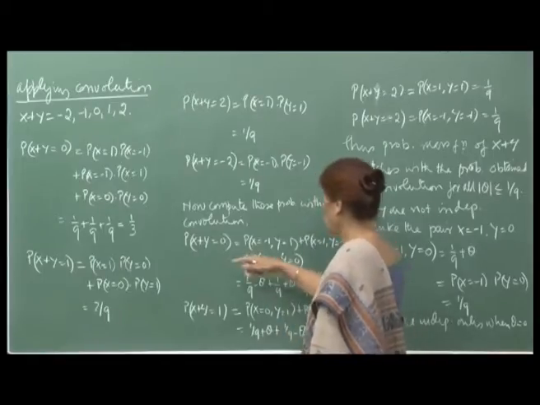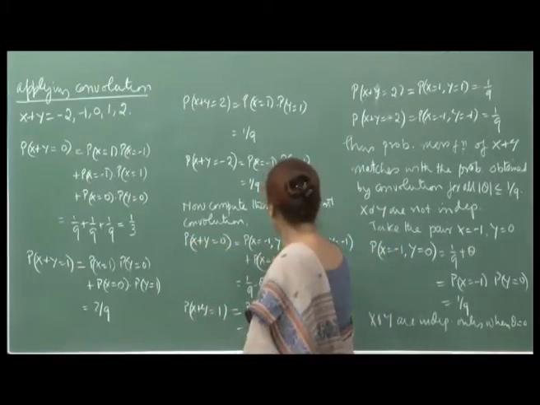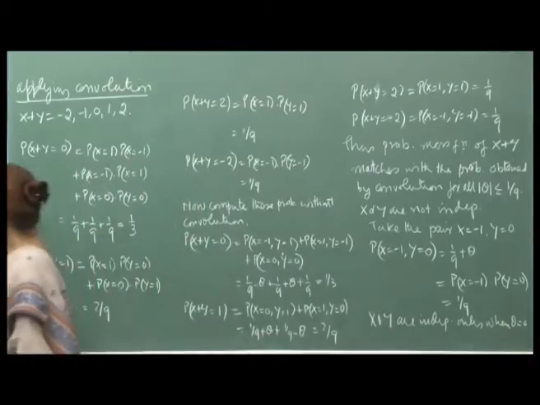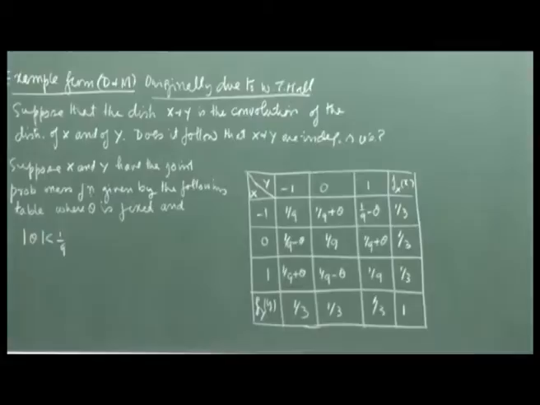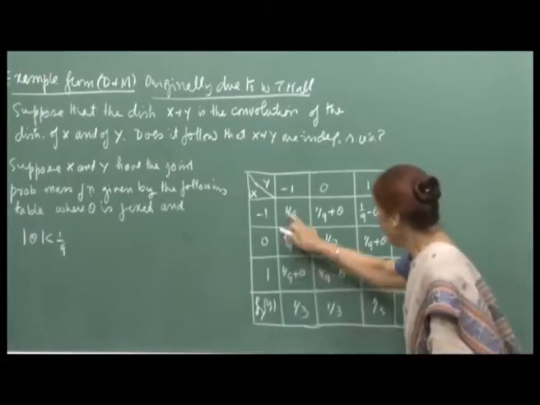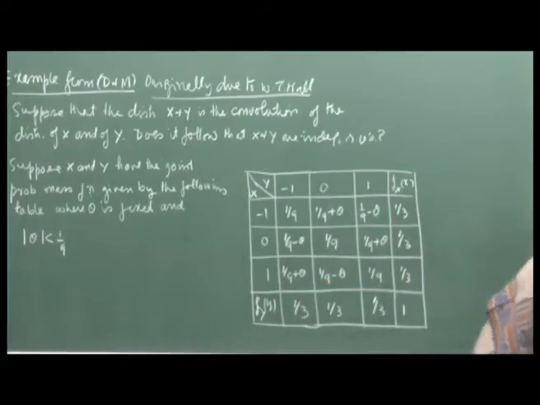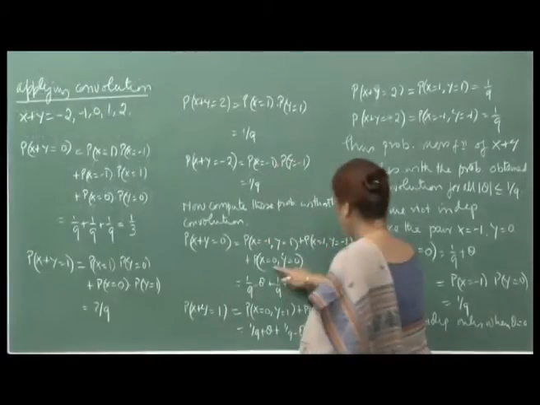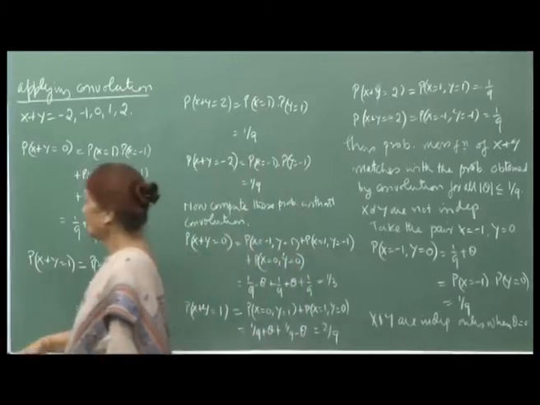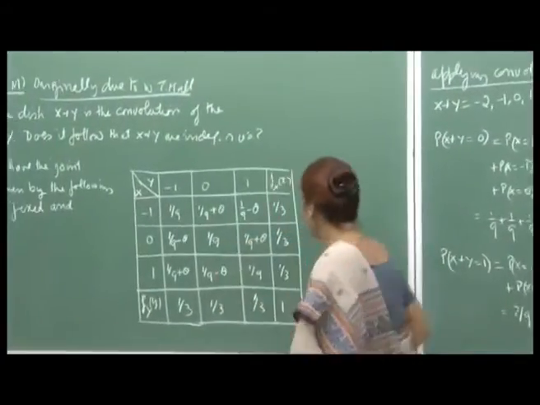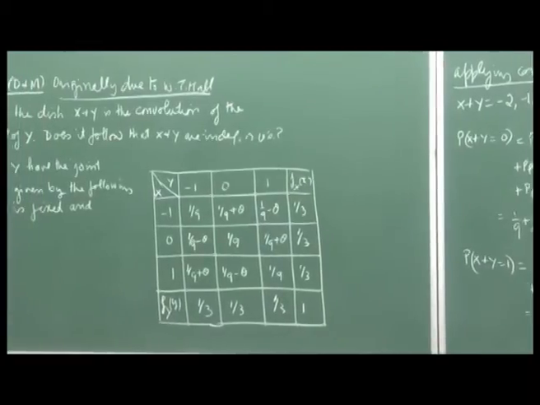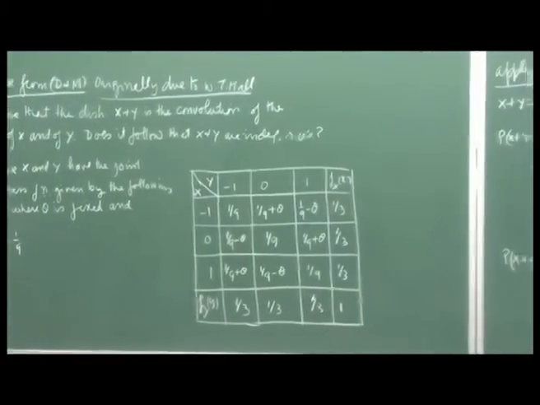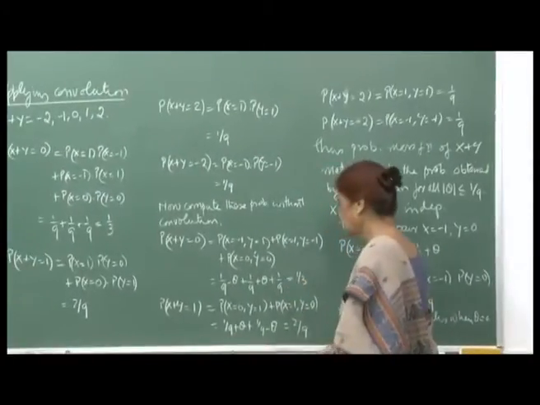From the table we can see that -1, 1 is 1 by 9 minus theta, and 1, -1 is 1 by 9 plus theta, and 0, 0 is 1 by 9. So this adds up to 1 by 3, as theta and minus theta cancel out. This is 3 upon 9, which is 1 by 3.